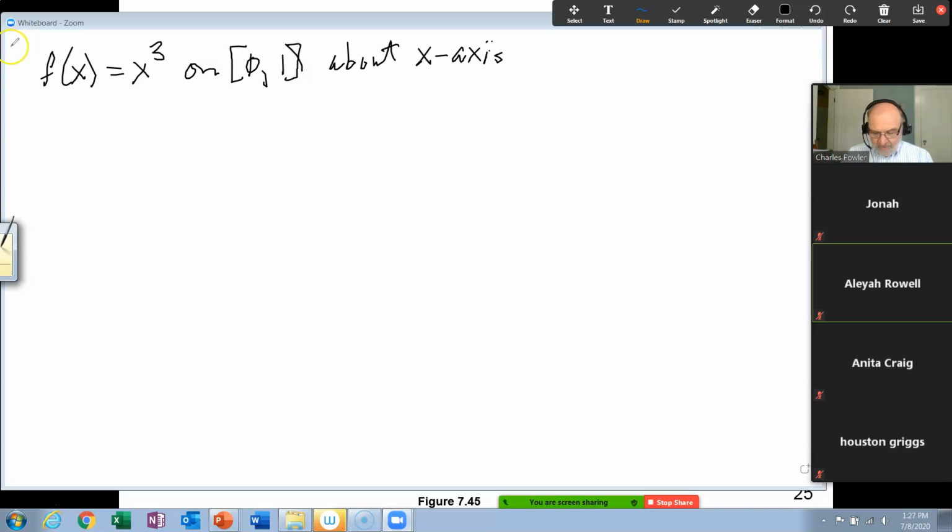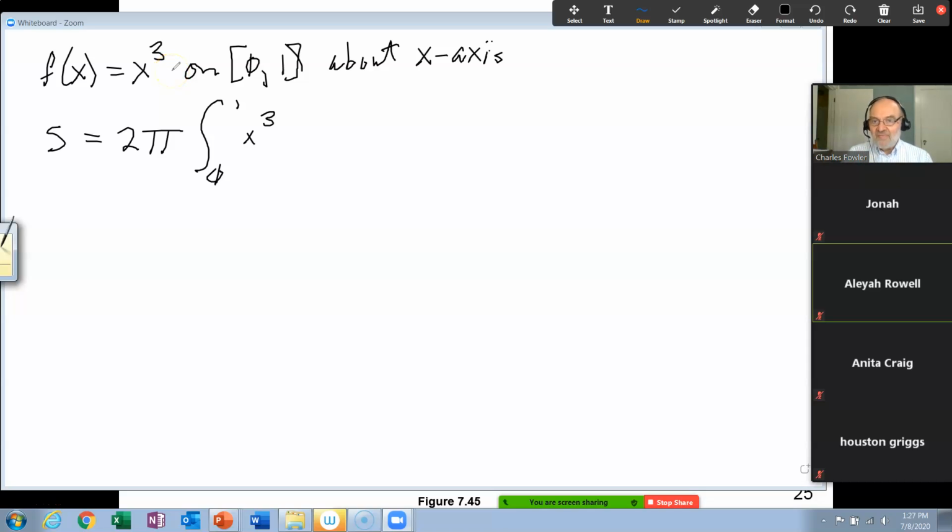A surface area of revolution is always 2 pi times the radius of revolution. Well, since it's going around the x-axis, that's 2 pi times your f, your y value. So inside the integral, going from 0 to 1, you're going to have an x cubed, because that's your f value.